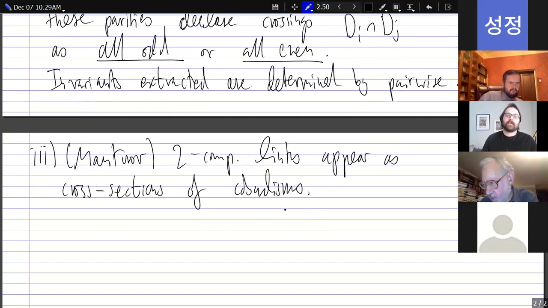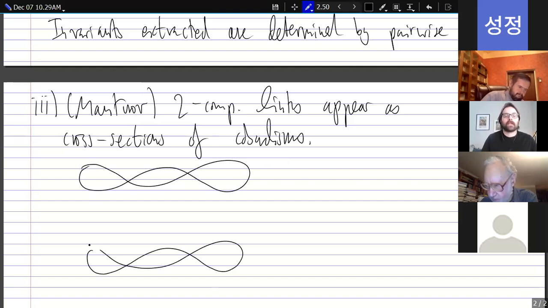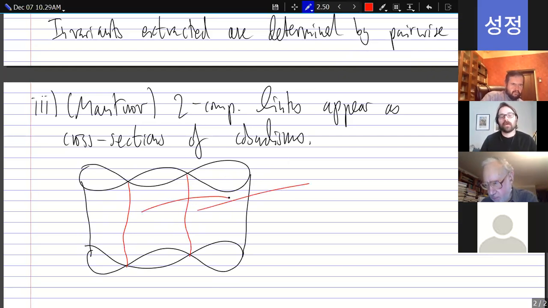And the idea here is that if we have a cobordism between two virtual knots, then if we're starting at a virtual knot, we can apply a parity theory, and then we can look at the double point lines of this cobordism, and you can extend the parities of the crossings to the whole double point lines. And this is a nice idea, and I think it bears more study, actually.